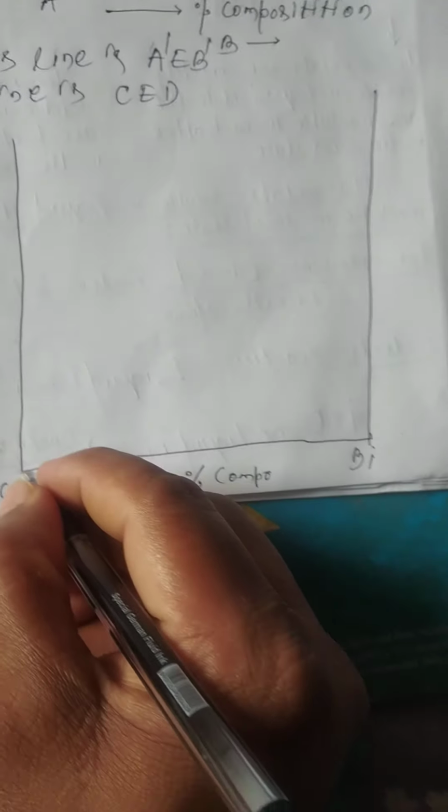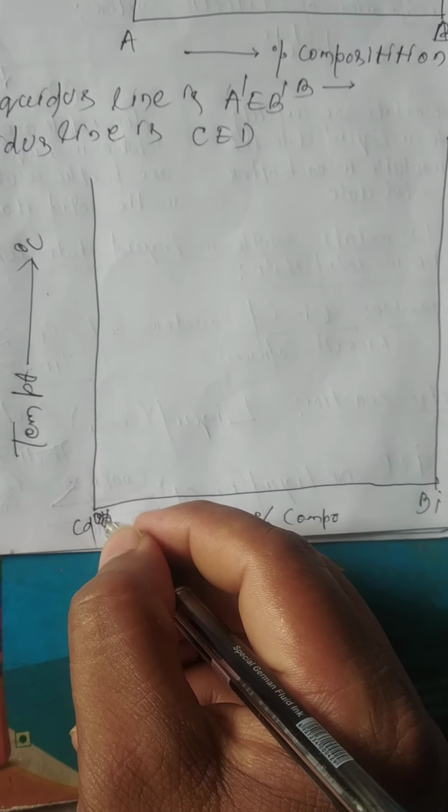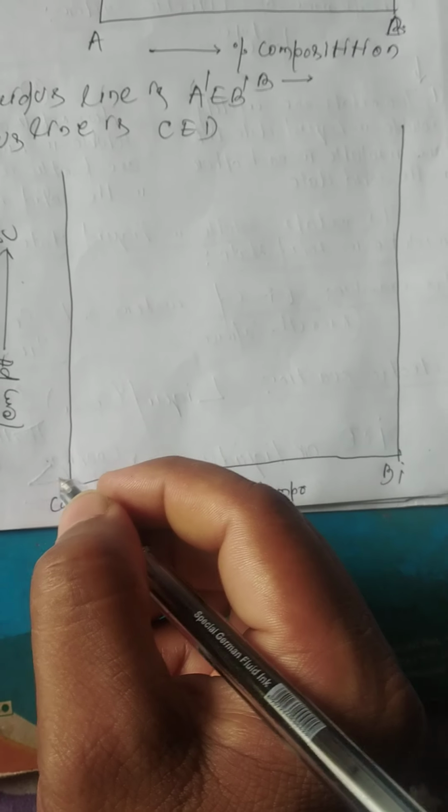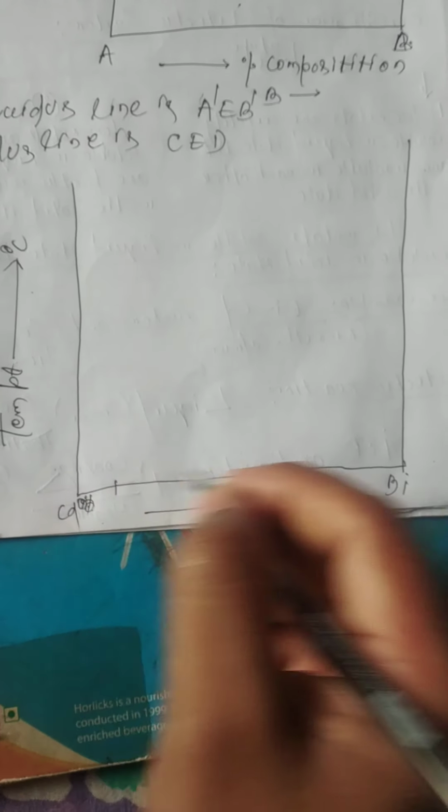It means that at the left side, this is 0% bismuth. Then the composition percentage gradually increases from left to right. Suppose this is 10%, then 20%, 30%, suppose this is 50%, and this is 100% bismuth.